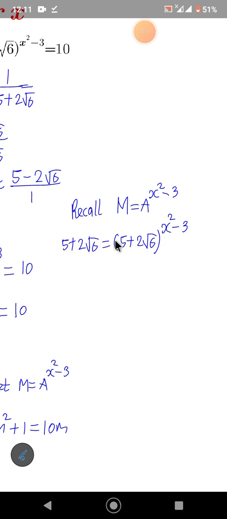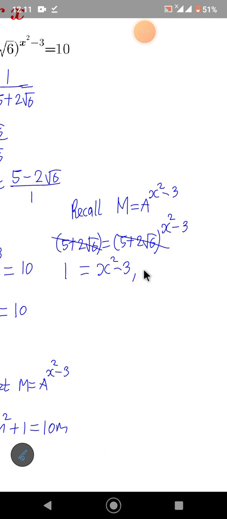Now, if you look at them, they have the same base. This one is raised to the power of 1, while this one is raised to the power x squared minus 3. So we have the same base, we cancel out. So we have 1 equal to x squared minus 3. Then I can take this minus 3 this way.